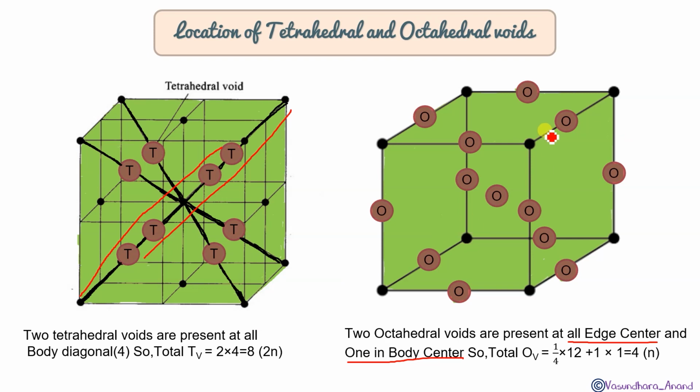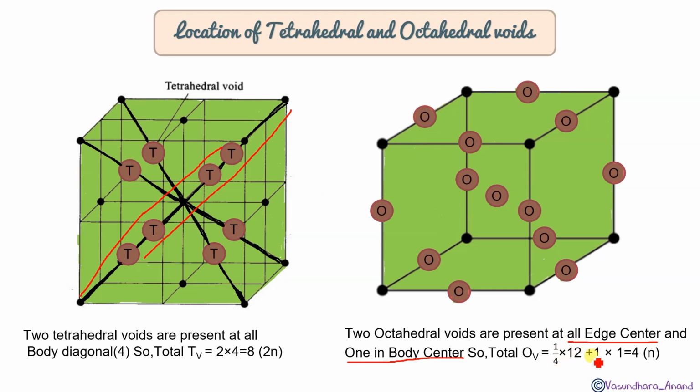Okay, so come here. I was explaining that this one is in the body center, and all these are at the center of the edge. So what will be the exact number? As we were finding the number of atoms, we will find this also. So 1/4 is the contribution of the edge particle, isn't it? And total edges are 12.